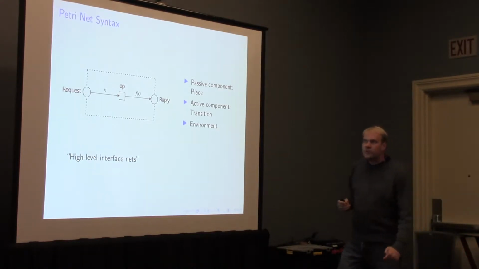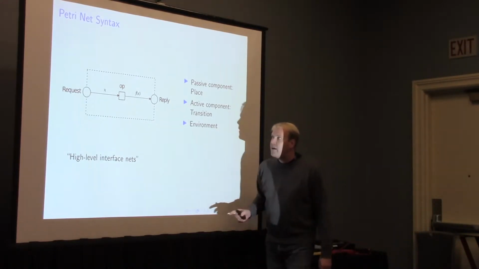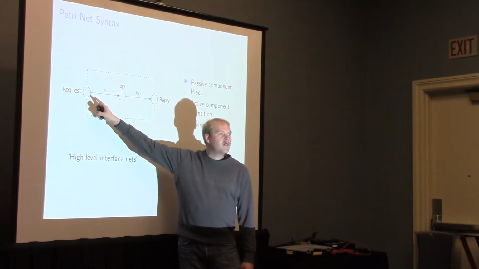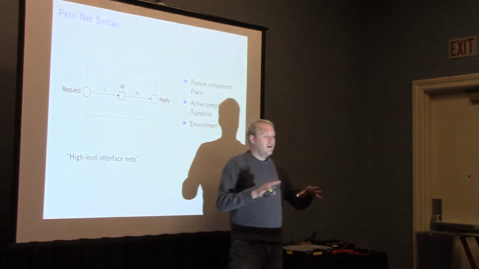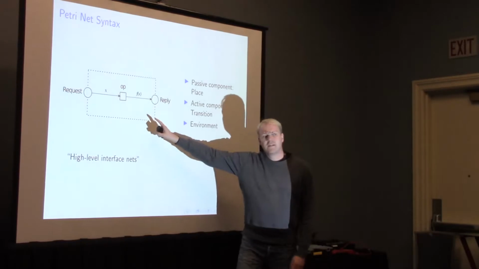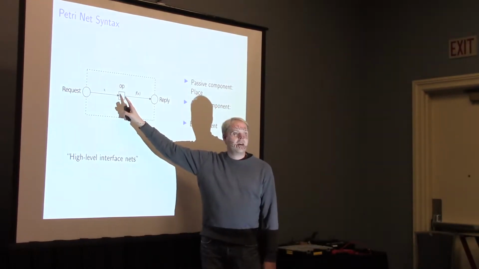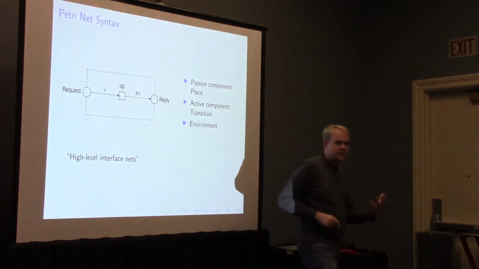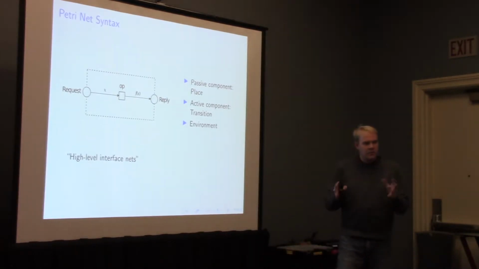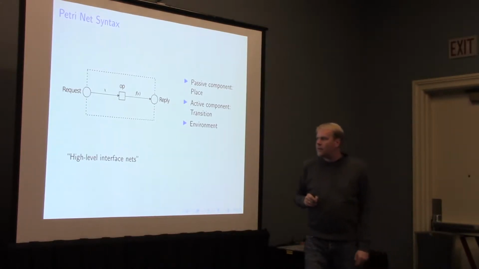What is also important to note is that not only the data that can appear on places can be any Erlang data structure, but also the things that the transitions do can be any Erlang function. So the transitions are in themselves like Turing-complete little operations.